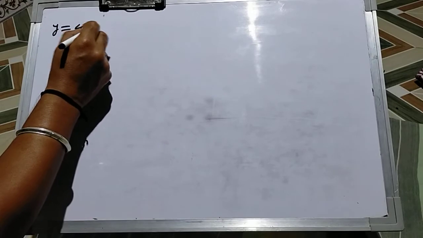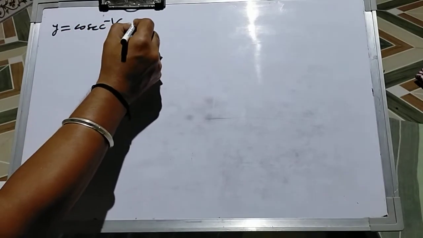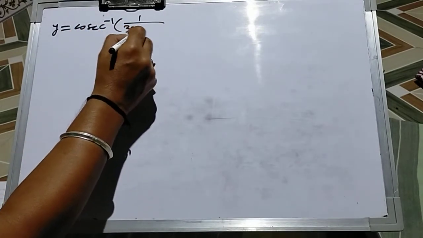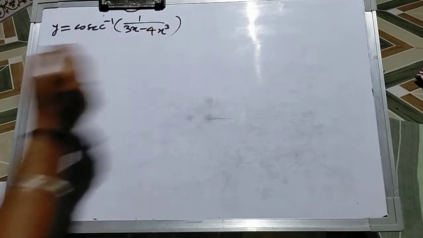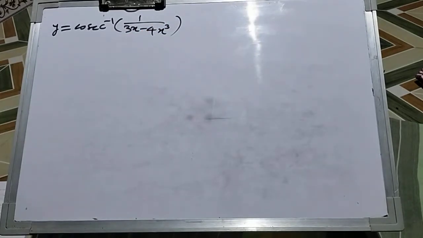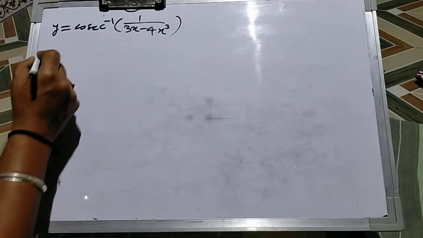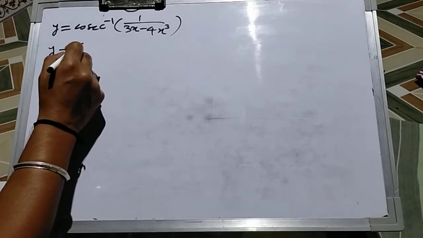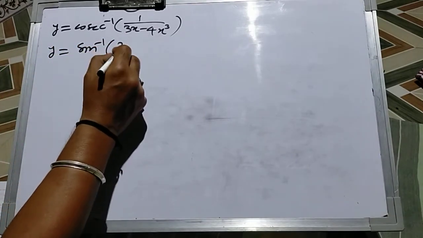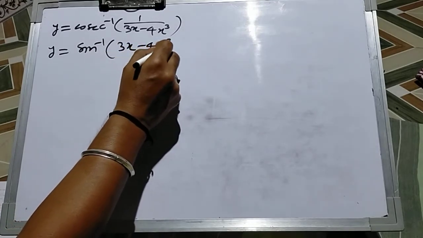The next example is y is equal to cosec inverse of 1 divided by 3x minus 4x cube. Again using the formula, cosec inverse of x is equal to sin inverse of 1 by x. Here cosec means the reciprocal of this one, which equals sin inverse. So this can be written as y is equal to sin inverse of 3x minus 4x cube.